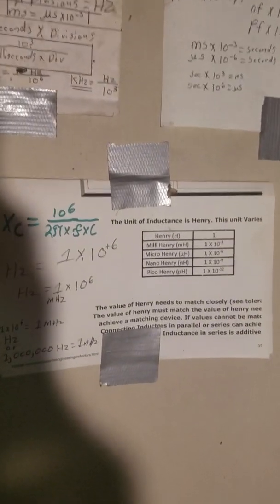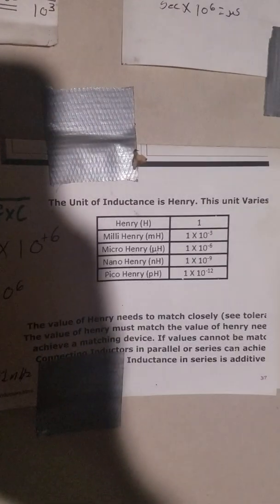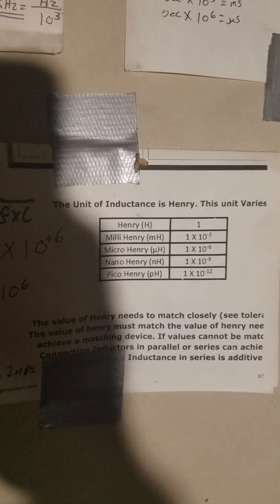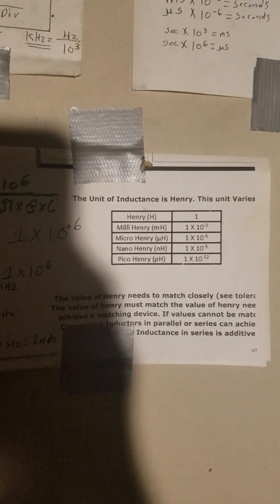This will help familiarize you with your henrys. You will only need 10 to the negative exponent 3. We're not going to be dealing with micro henrys, nano henrys, or pico henrys.